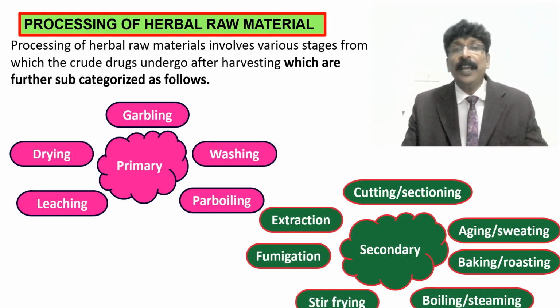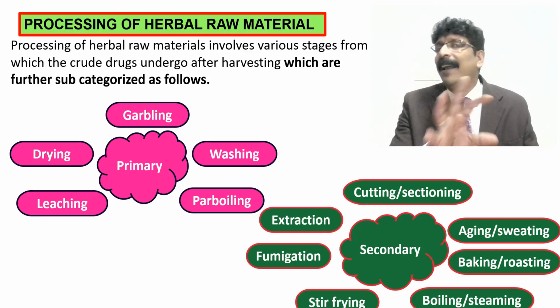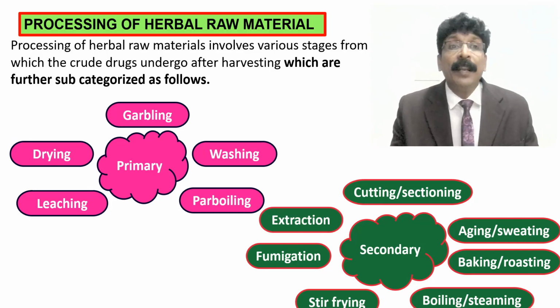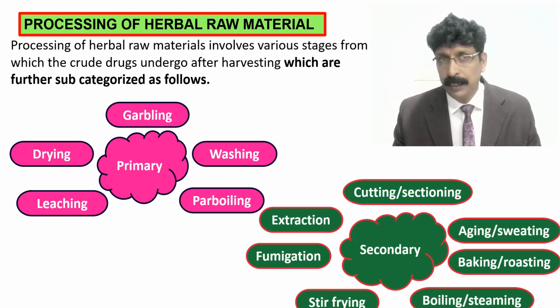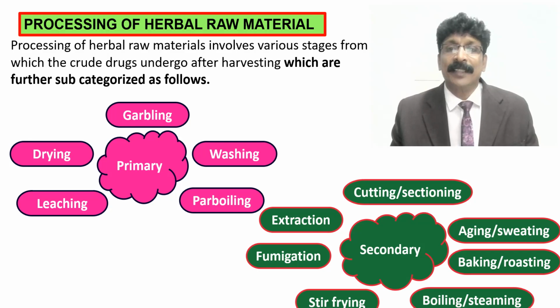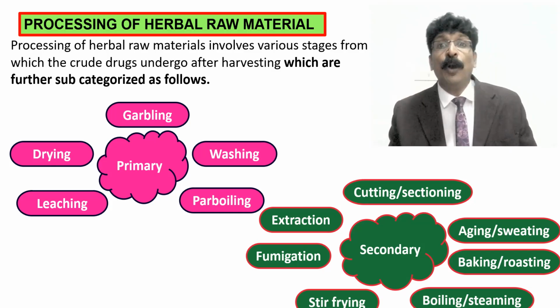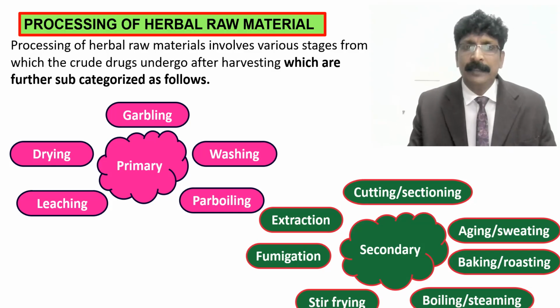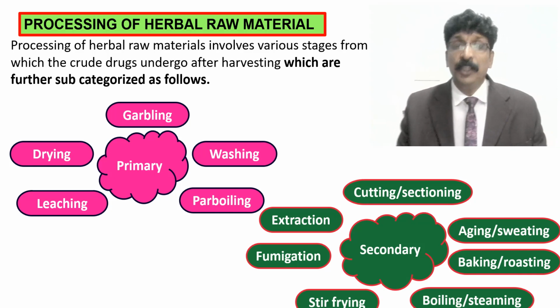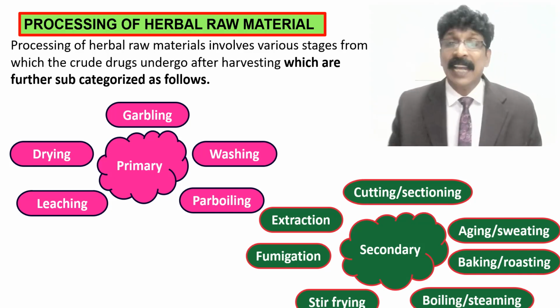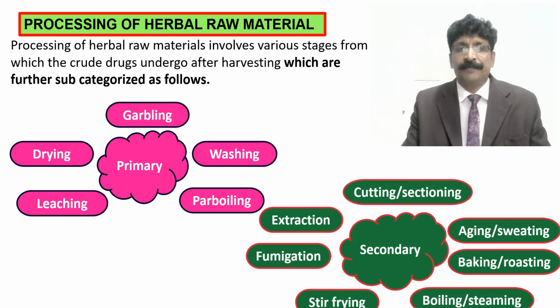So we should know the 5 points in primary processing of herbal raw materials and 7 points should be explained in the secondary processing of herbal raw materials. So like this, when you have an idea about the slide, then you can go for your explanation even if it is a 10-mark or 5-mark question.